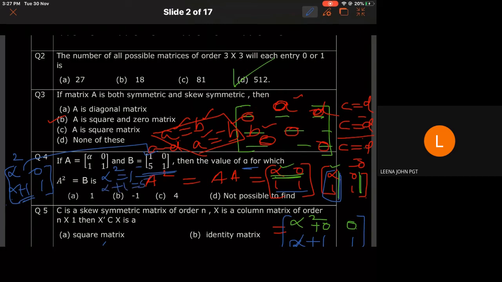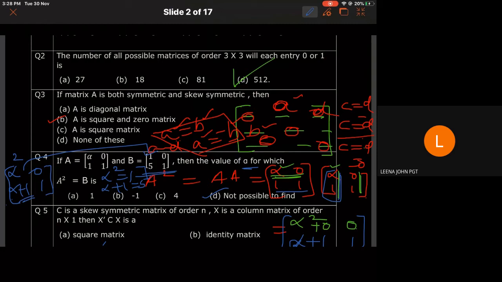So both together, there is no alpha possible. Alpha square equal to 1 means alpha can be plus or minus 1, but if you put that value in the second equation, it doesn't satisfy. So the answer is that it is not possible to find.